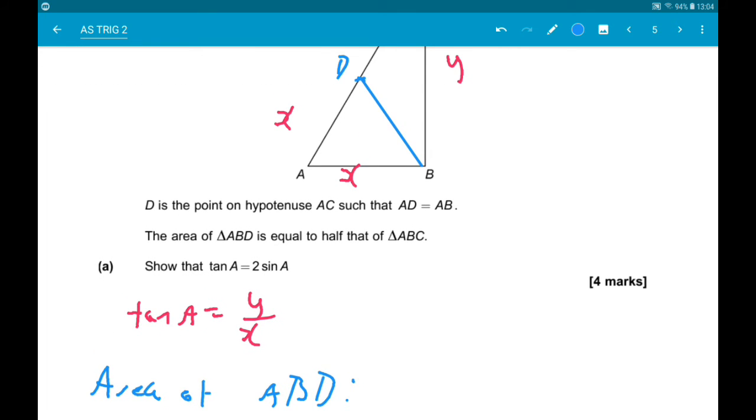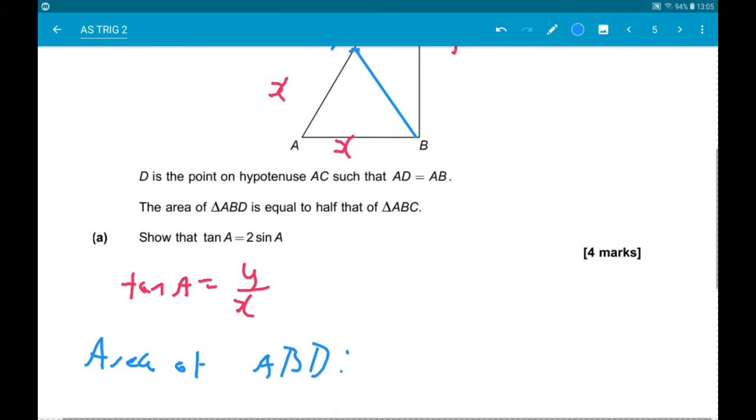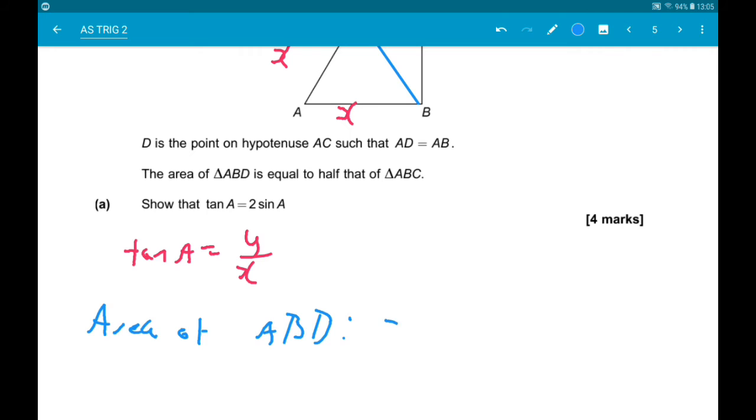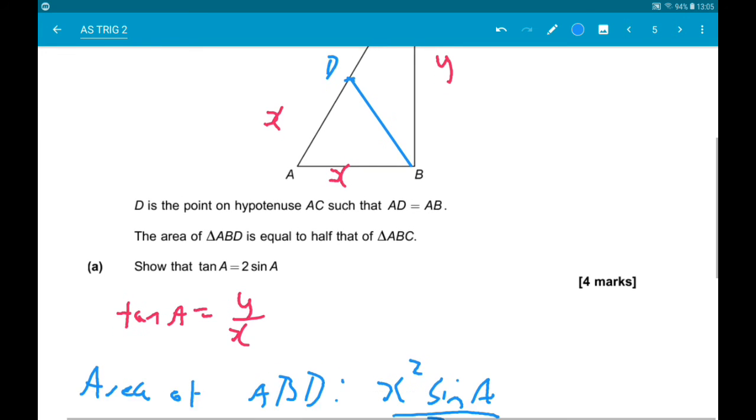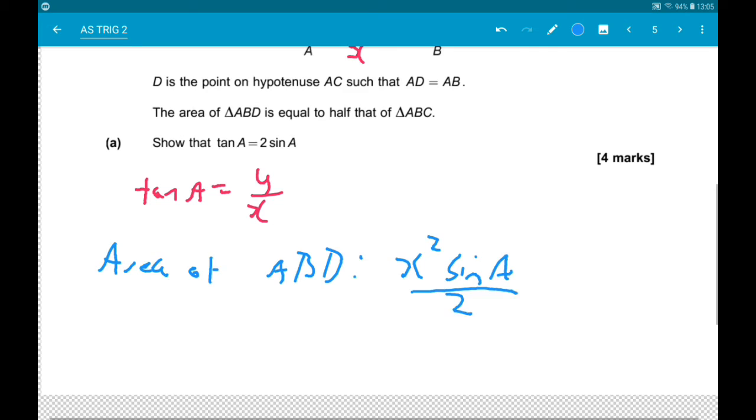So it's 1/2 times x times sine of A. So it's x squared sine A all over 2. Now the area of ABC is just base times height over 2. So that's just xy over 2.